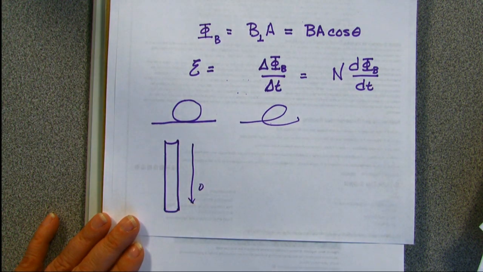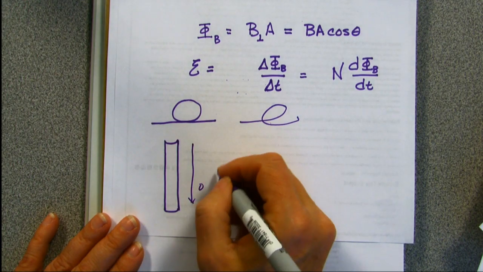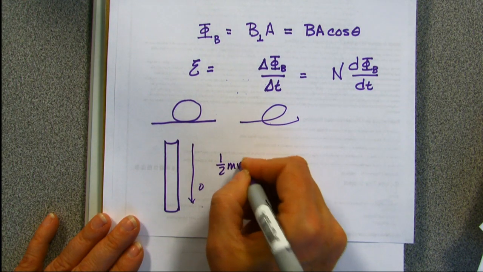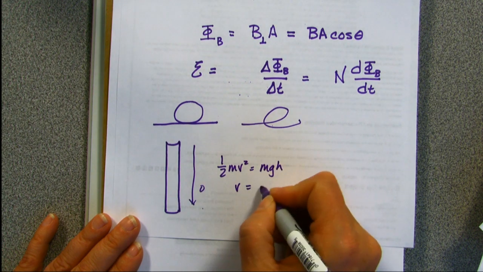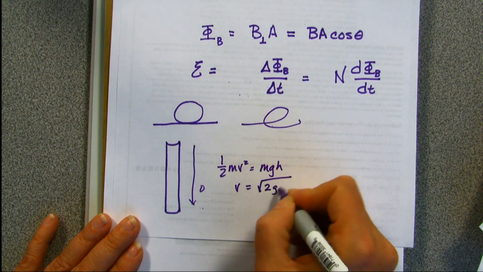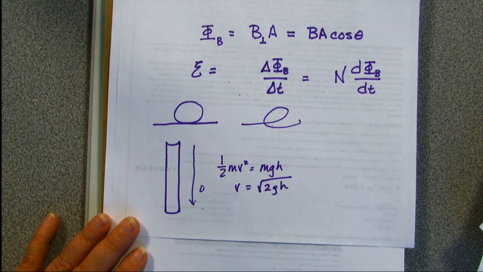We know that 1/2 mv squared is going to equal mgh, and the velocity ends up being the square root of 2gh. Wherever I drop it, it's going to fall down, and we've done that enough times that we know exactly how far it goes. So if I drop a marble down a tube, nothing really happens.